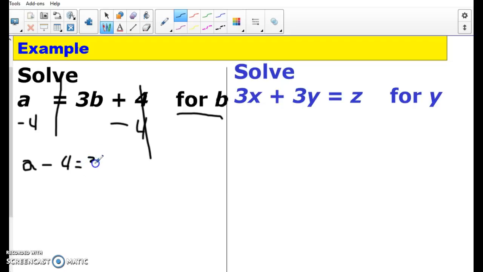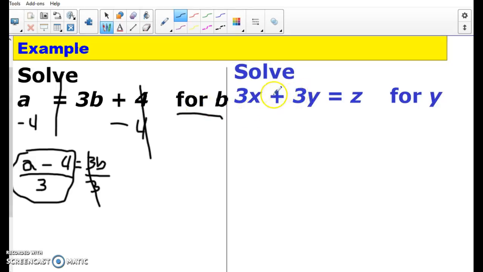Again, that's 3 times B. It didn't say to solve for 3B, it said to solve for B. So I need to divide both sides by 3. The 3 and 3 right here are going to cancel. So my final answer is A minus 4 divided by 3. That's what B equals. If it ever gave us numbers, then I can just plug in numbers for A and figure out what my B is going to be.